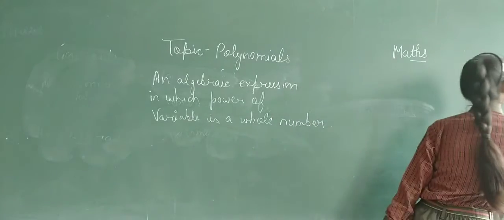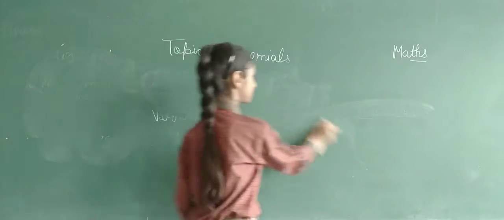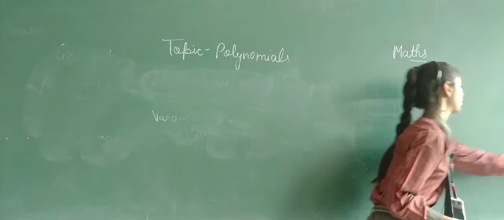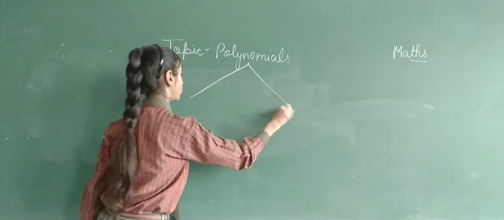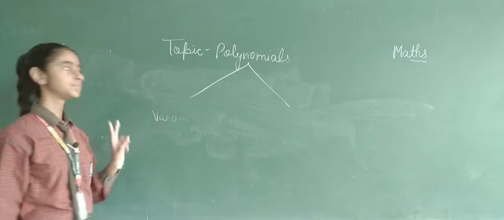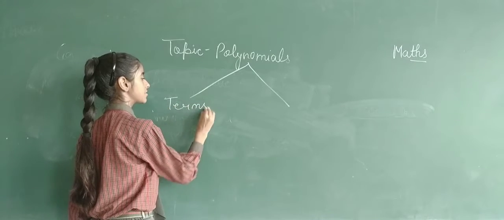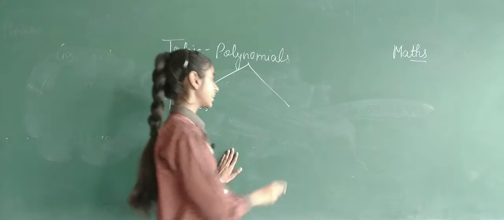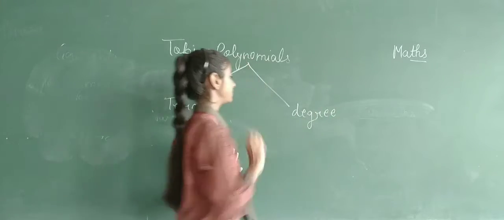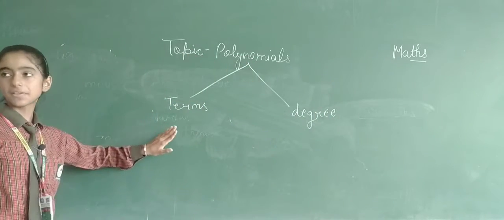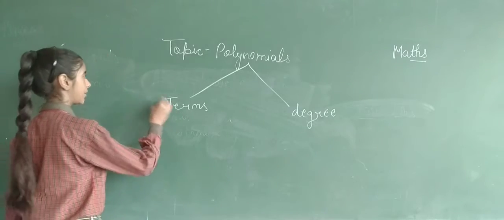So now we will study about the types of the polynomials. Polynomials are divided into two types. How many types? Two types. First one is on the basis of terms, and second one is on the basis of degree. So friends, on the basis of terms, polynomials are further divided into three types.